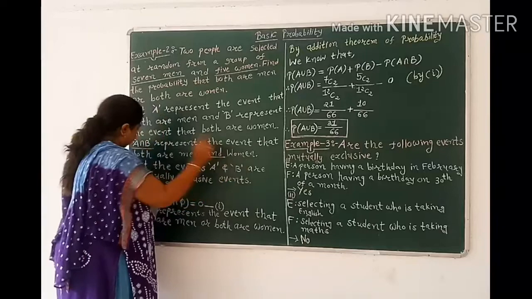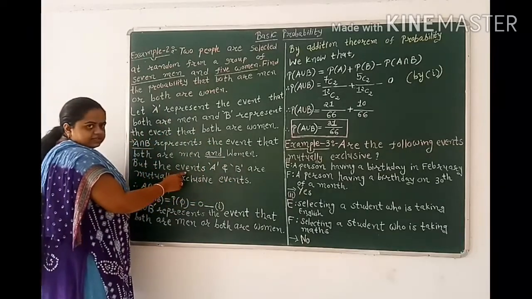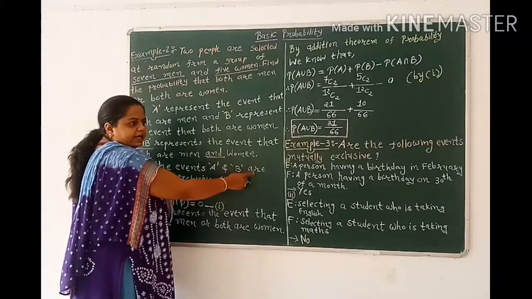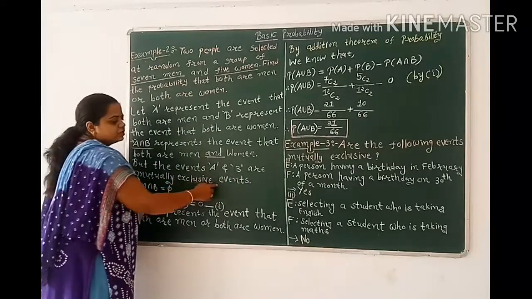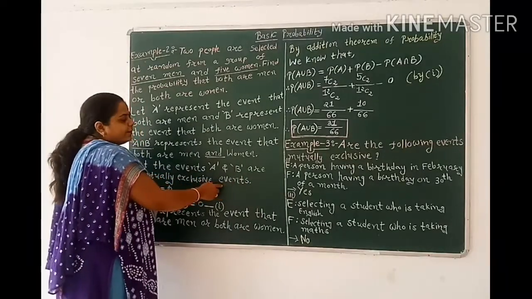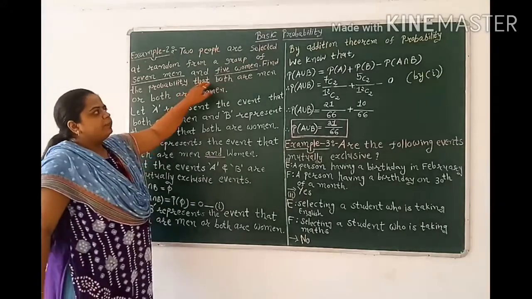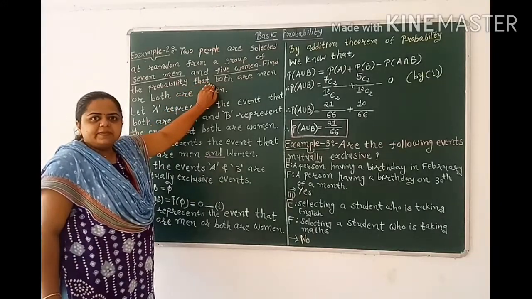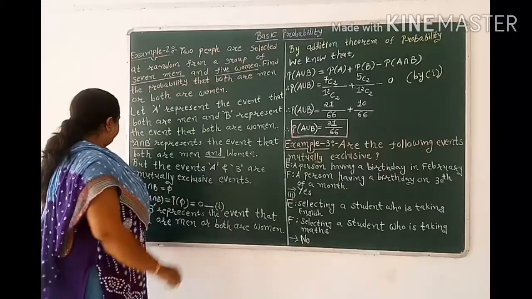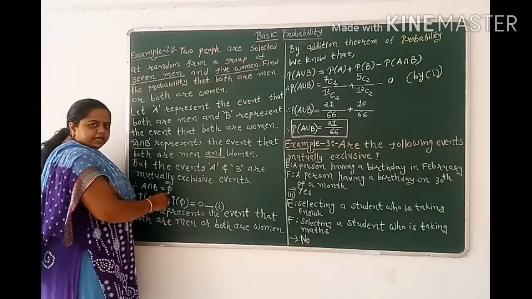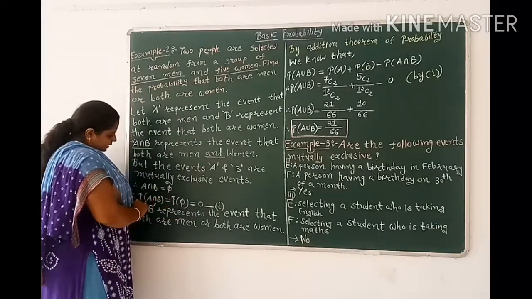and women. But the events A and B are mutually exclusive events because it is impossible that both people are men and women too. So A intersection B equals the empty set.